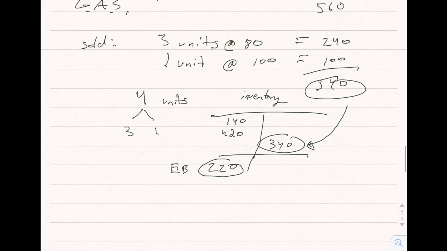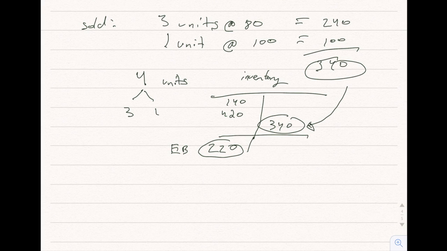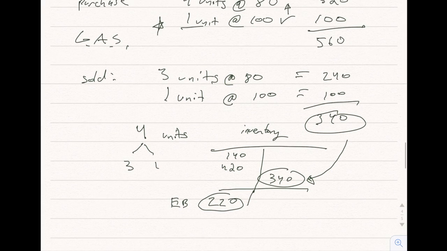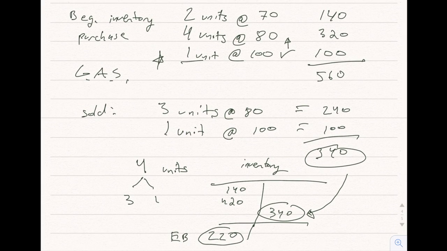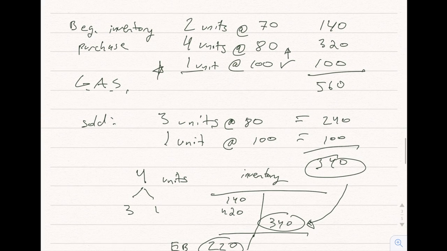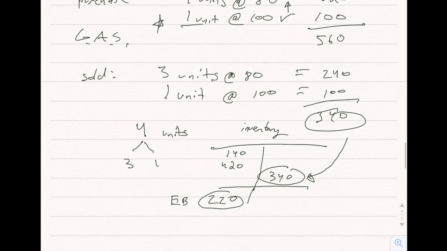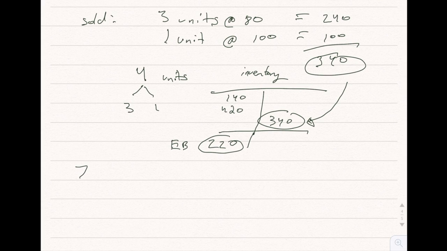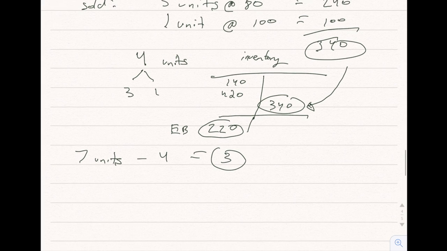And just as before, we can see how this 220 breaks down. So we had, let's see, 2 at 70, 4 at 80. So we had 7 units. We sold 4. So we have 3 units left over. So somehow the 3 units, the 220 should be explained by the 3 units, right?